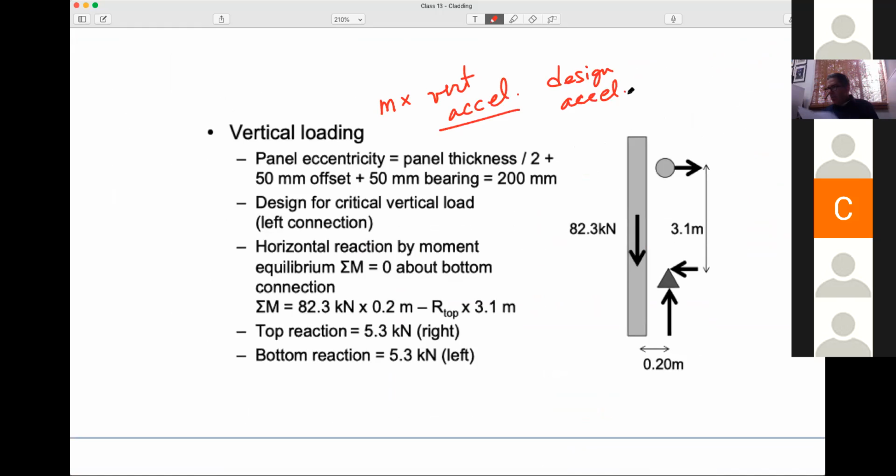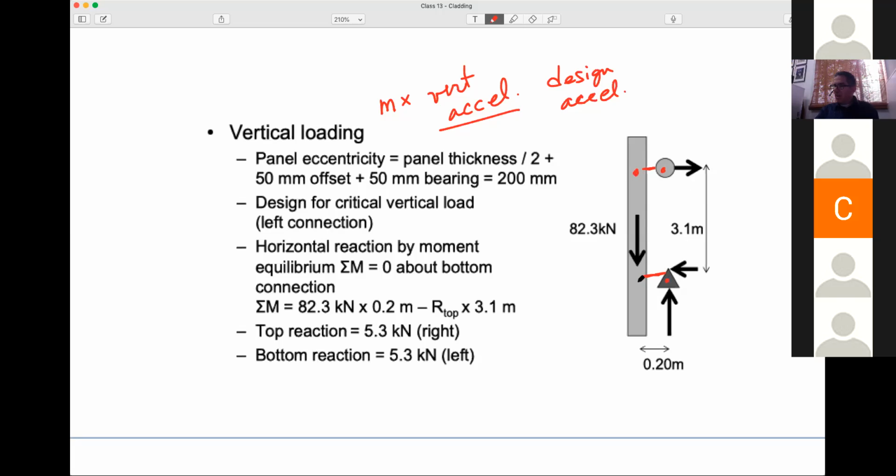Now you've got a little bit more here. In that vertical direction, we think of this panel as having an eccentricity to the actual wall. The fact that this thing is connected to supports means it's sort of hanging out there. So there's going to be an eccentricity from where the support points occur.